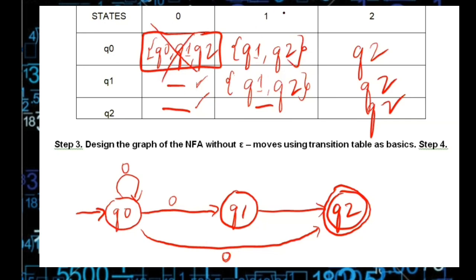Then, dito na tayo sa ating third column. Q0 input 1, answers are Q1, Q2. So, pwede ka maglagay dito ng comma, then 1. That's it. So, we're done with this.